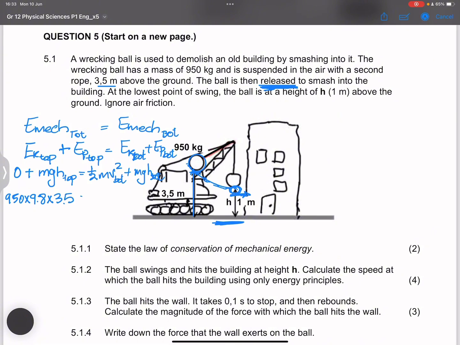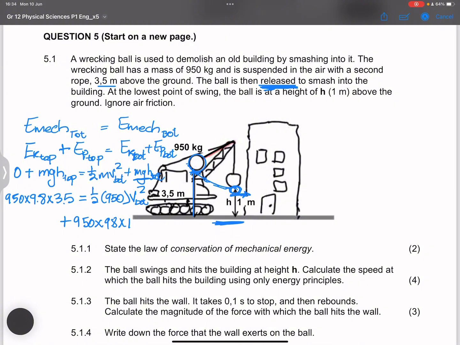And at the bottom, this is half times 950 times the velocity we are looking for, plus the potential energy at the bottom. So that's mgh, 950 times 9.8 times the height at the bottom relative to the ground, which is 1. Please keep that in mind.